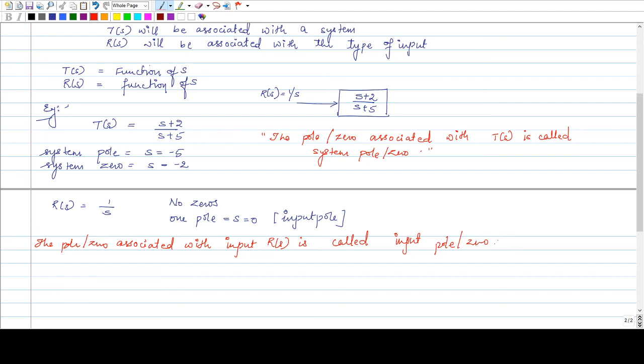This is how we define the input pole, the input zero, the system pole and the system zero.